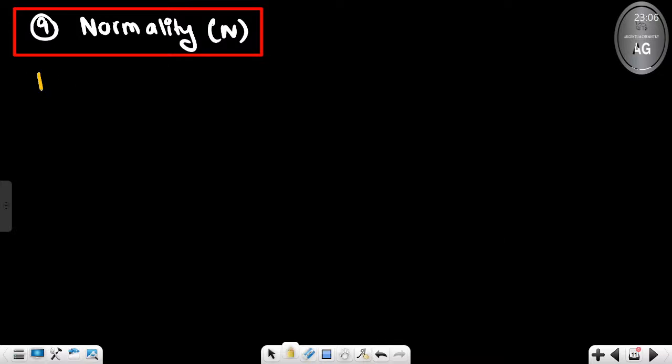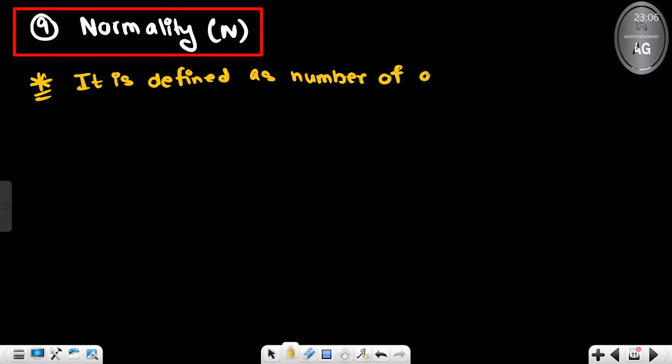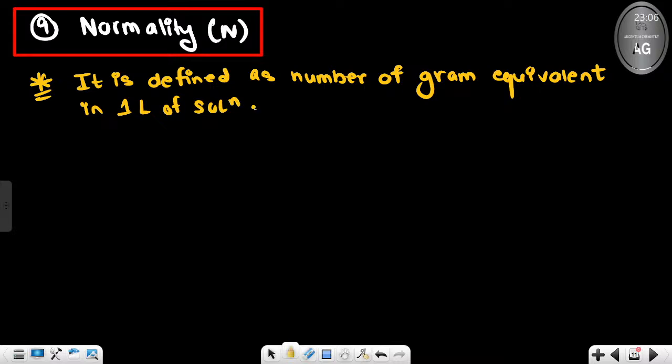So what is the definition? It is defined as the number of gram equivalent of solute in 1 liter of solution.